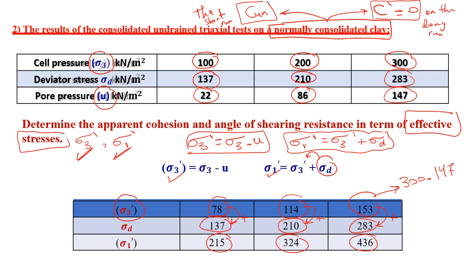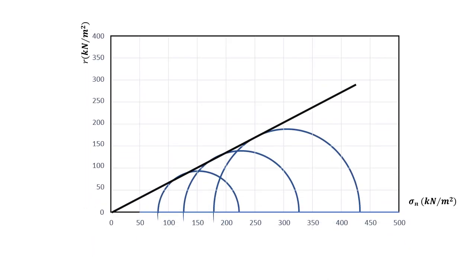So you can plot your Mohr circles and you can come up with the value of C prime and phi prime. Since this is a normally consolidated clay, and we have just said that for normally consolidated clay, C prime is generally equal to 0 or close to 0. This is from the knowledge in soil mechanics.